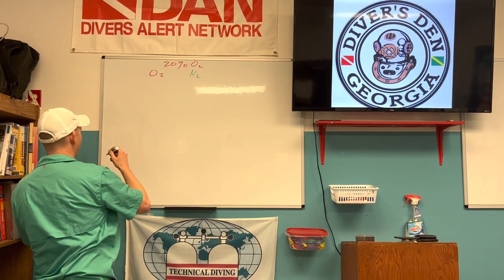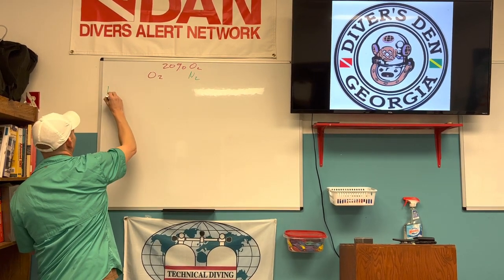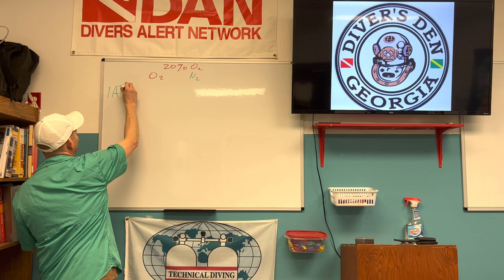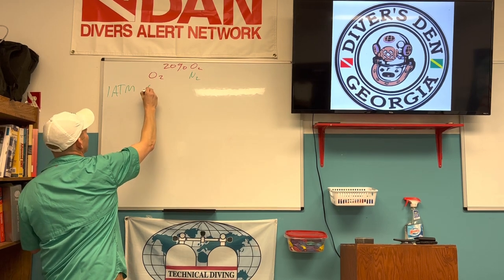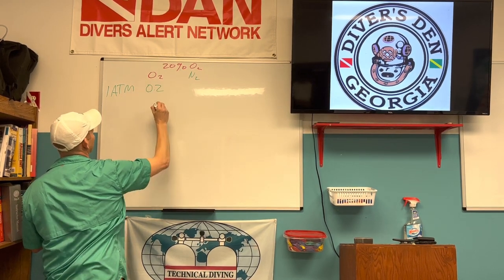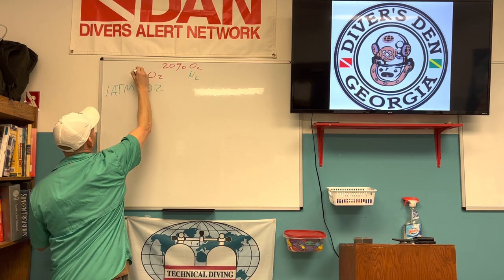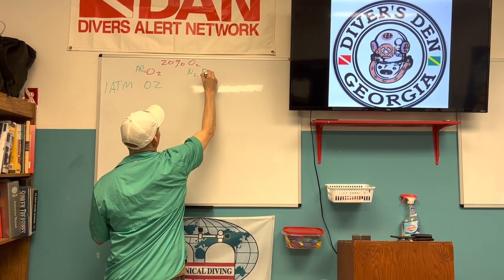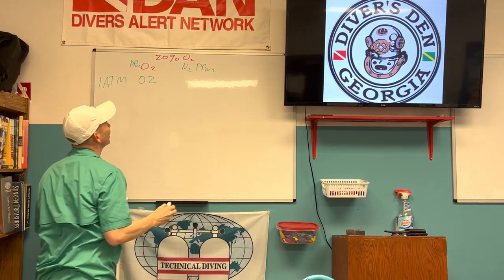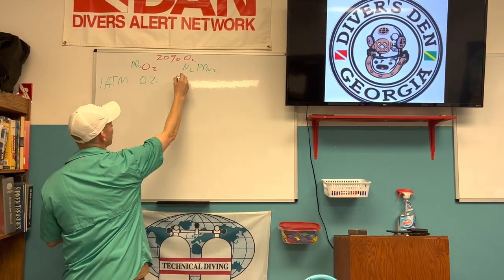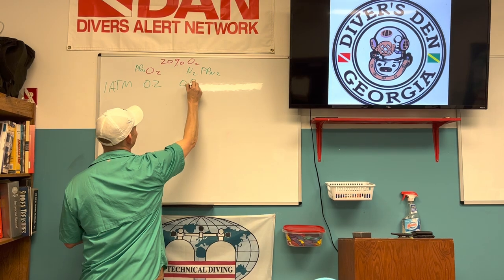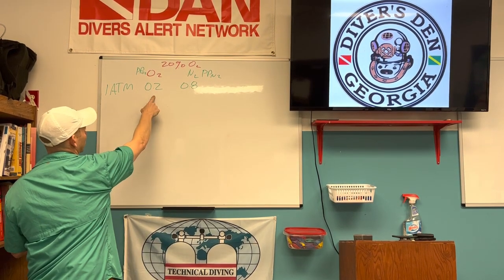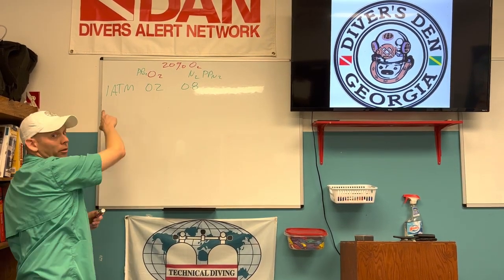Okay, so at 1 atmosphere, this is going to be 0.2 partial pressure. This is the partial pressure of oxygen. This is the partial pressure of nitrogen. And my partial pressure of nitrogen would be 0.8, because 0.2 plus 0.8 equals 1.